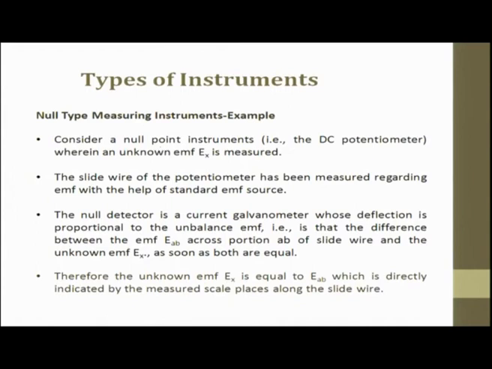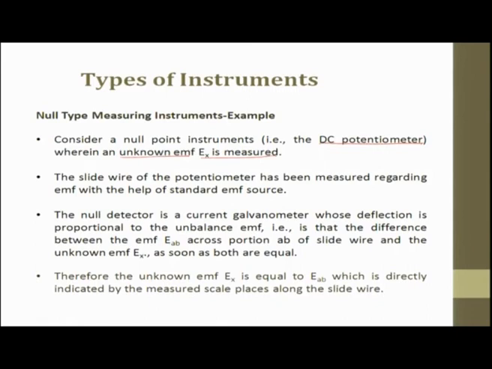So, consider a null point instrument, that is a DC potentiometer, in which an unknown EMF Ex is measured. The slide wire of a potentiometer is used to measure the EMF with the help of a standard EMF source. Potentiometer is nothing but we try to balance a circuit or balance a bridge.